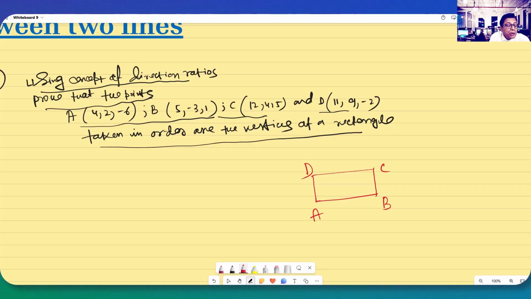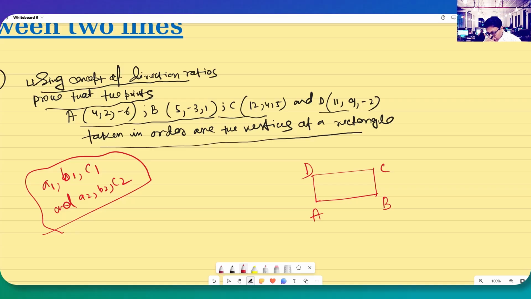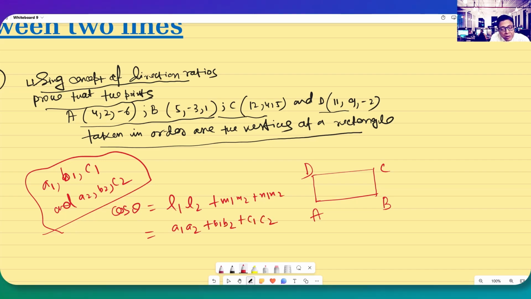I have told you, if two lines have direction ratios a1, b1, c1 and a2, b2, c2, then the angle between the two lines can be written using the formula l1 l2 plus m1 m2 plus n1 n2, or a1 a2 plus b1 b2 plus c1 c2 by under root sigma a1 square under root sigma a2 square.